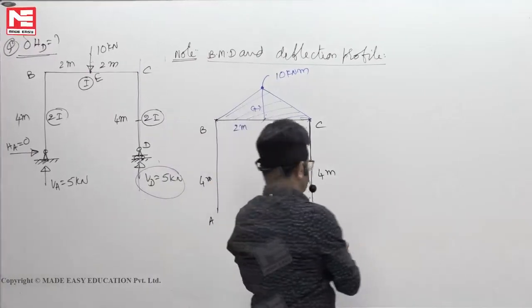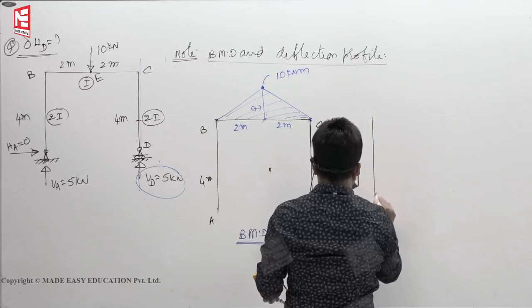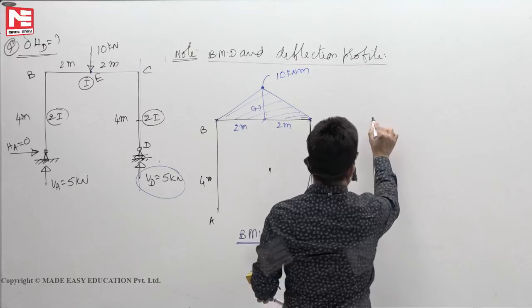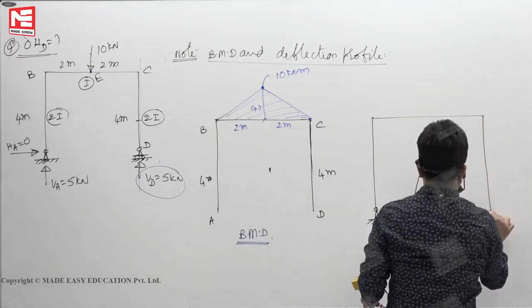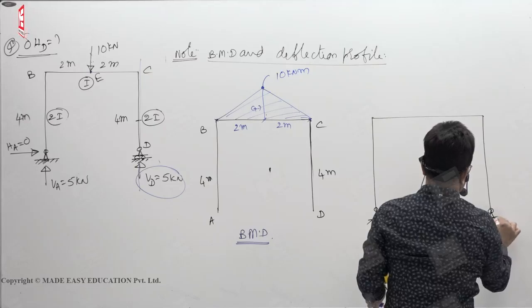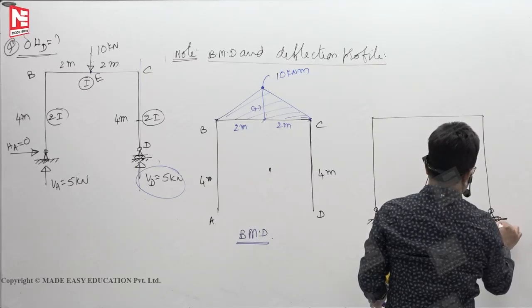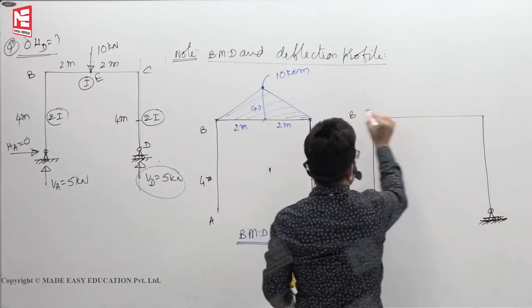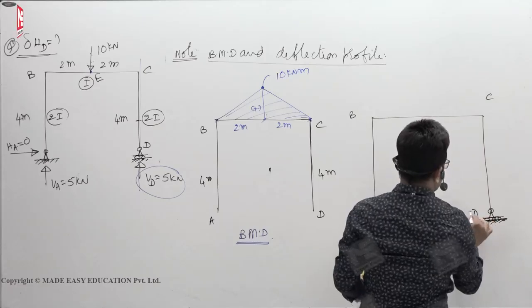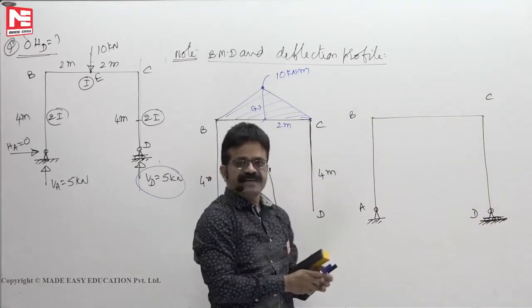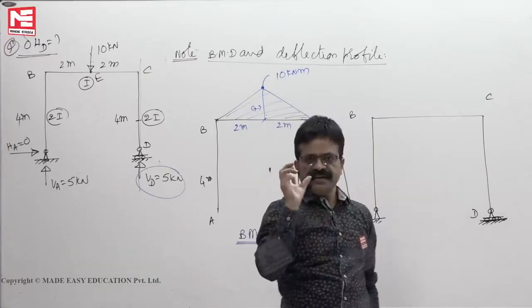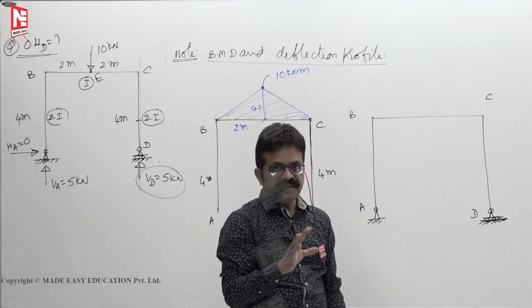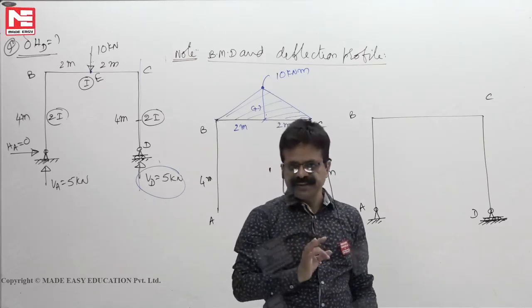Next, deflection profile. This point, let us say A, B, C, D. Now you see, again in strength of materials you have studied that in a segment of a beam, if bending moment is 0, that segment will not bend but it can rotate as a rigid body.